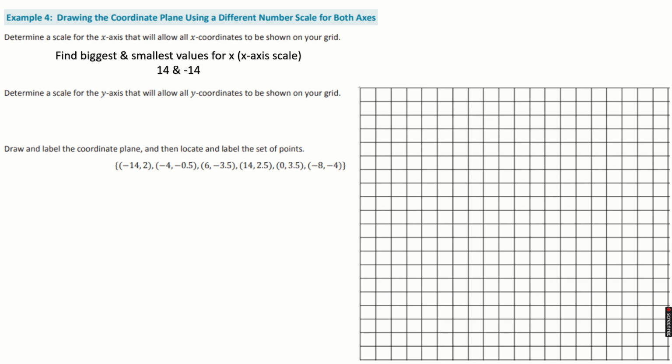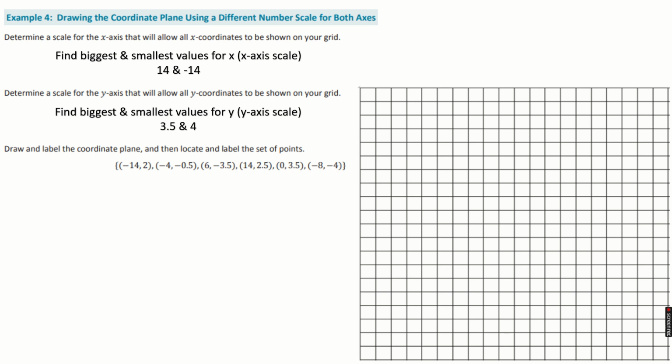Next, determine the scale for the y-axis that will allow all y coordinates to be shown on your grid. Looking at the y coordinates, or that second number in each of those pairs, I have a 2, a -0.5, a -3.5, a 2.5, a 3.5, and a -4. So we want to find our biggest and smallest values for those. My biggest value is a 3.5, and my smallest value is a -4.